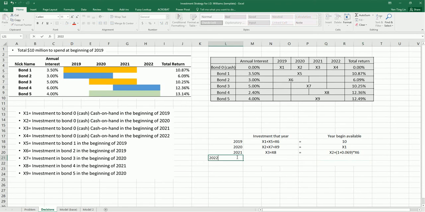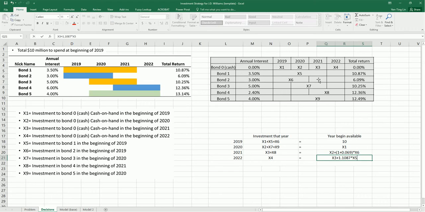Move on to 2022. The total investment in that year is first cash, and that's it. The source of funding is the bonds that mature at the end of the previous year, 2021, which would be cash X3 plus bond 1, which matures at that time with an interest rate of 10.87%, so the total return will be 1.1087 times the investment in bond 1, which is X5.